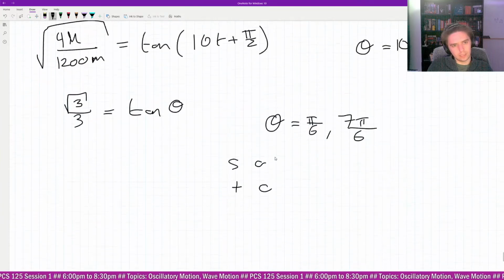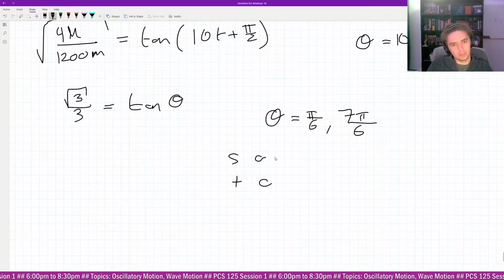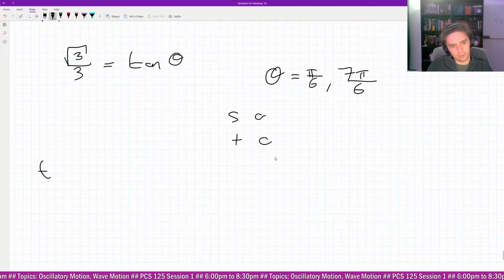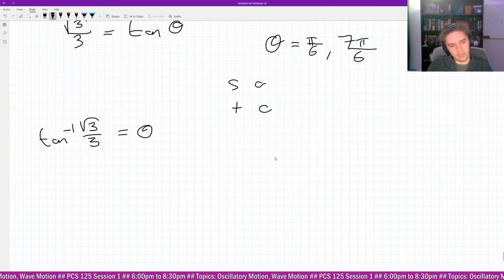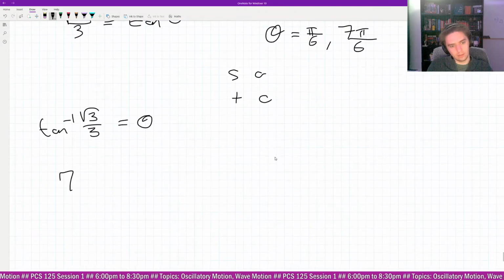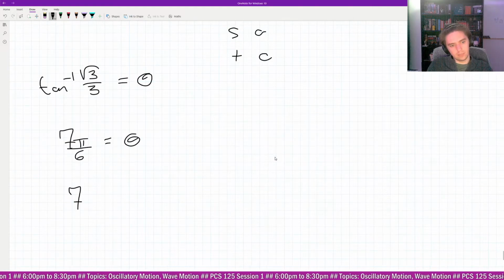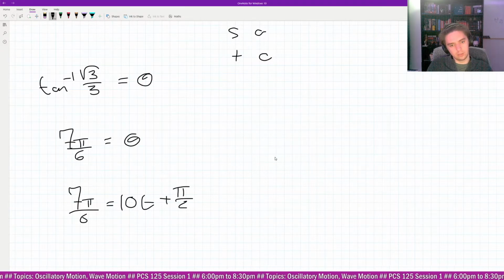If I do tan inverse of root 3 over 3 equals theta, I'm going to say 7 pi over 6 equals theta, 7 pi over 6 equals 10t plus pi over 2, right?